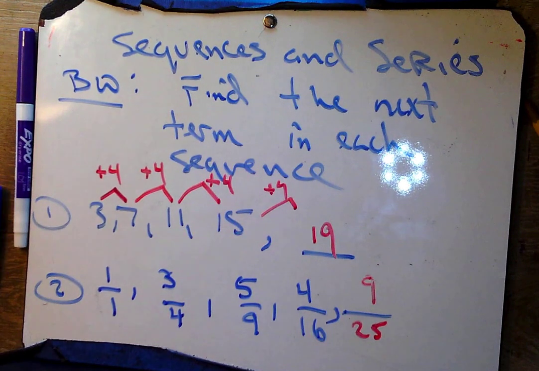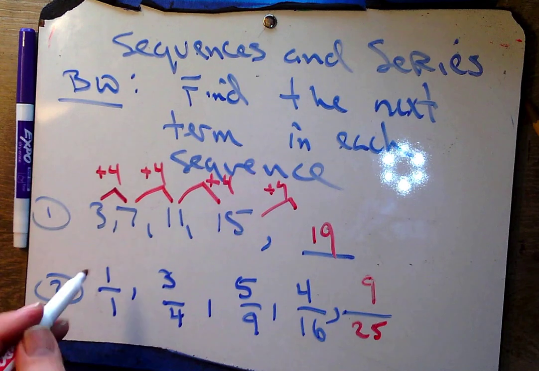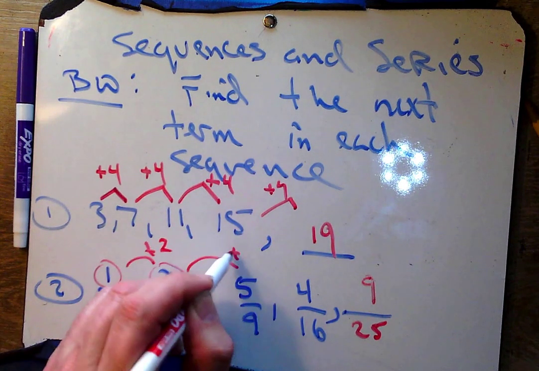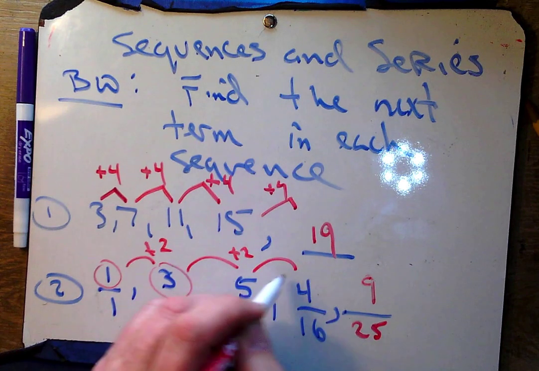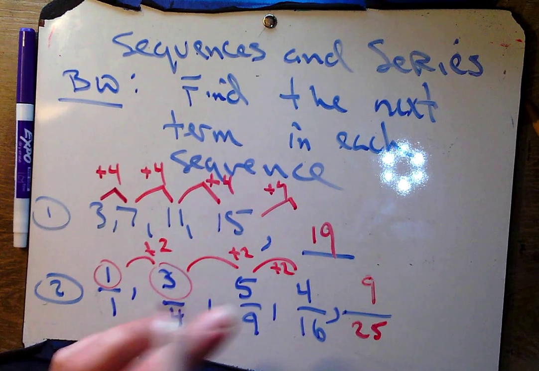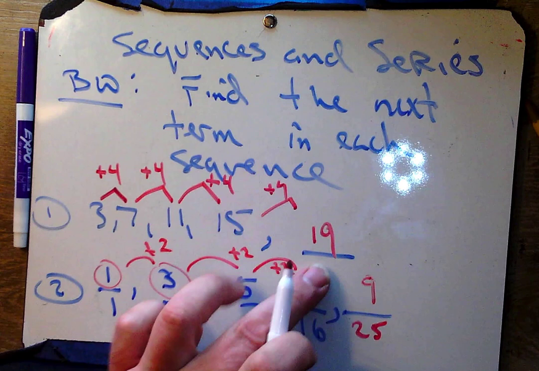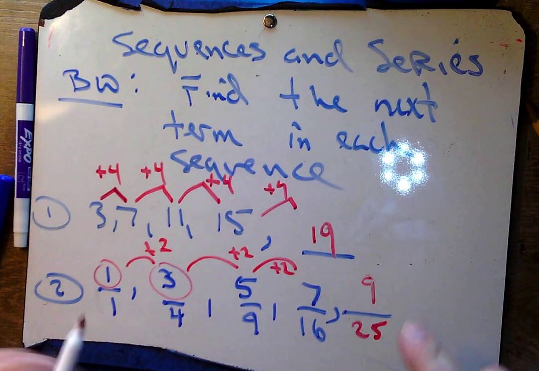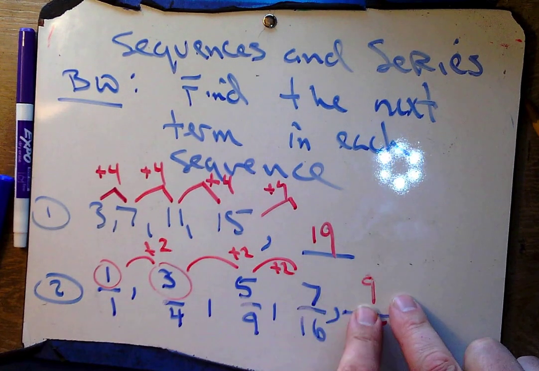And what I noticed was, well, the tops were going up by the same amount each time. There we go. Tops were going up by the same amount each time. And so if I were going up by 2, by 2, by 2, I should go up by 2 more.